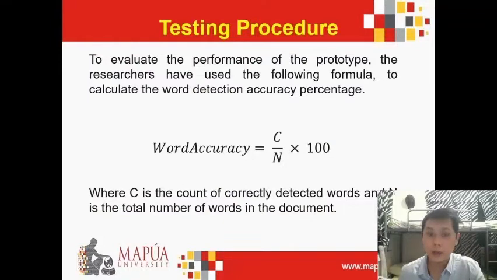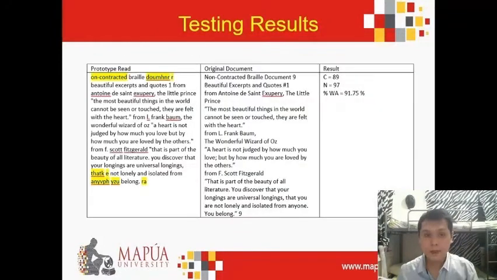The detected words, and n is the total number of words in the document. So here's a sample of our testing results. We used the Microsoft Word count functionality to count the number of words.